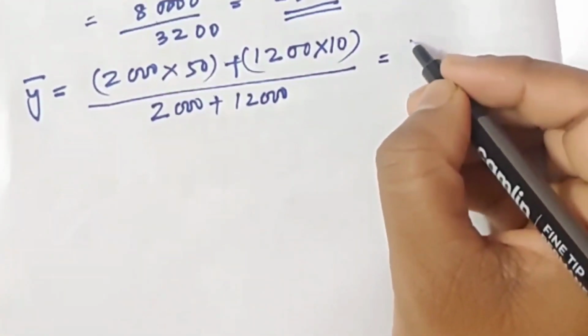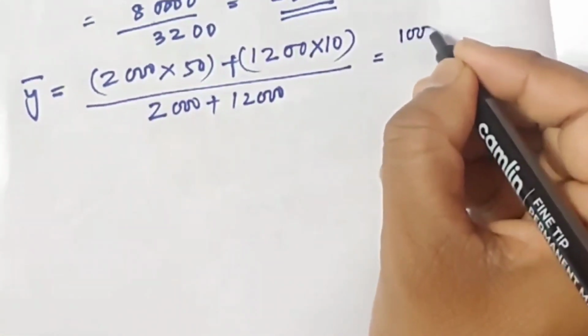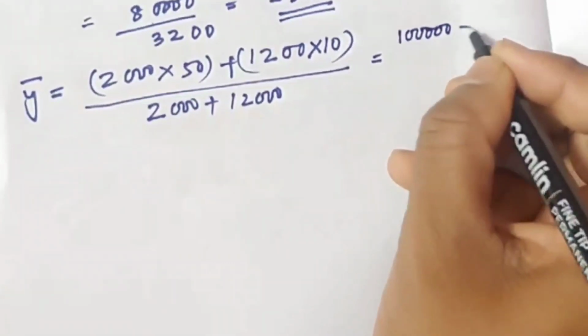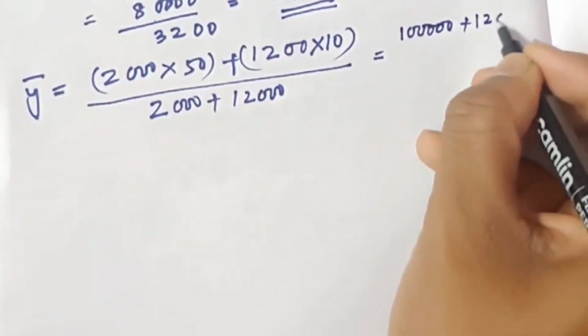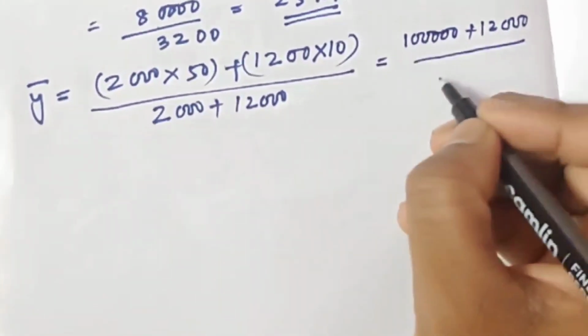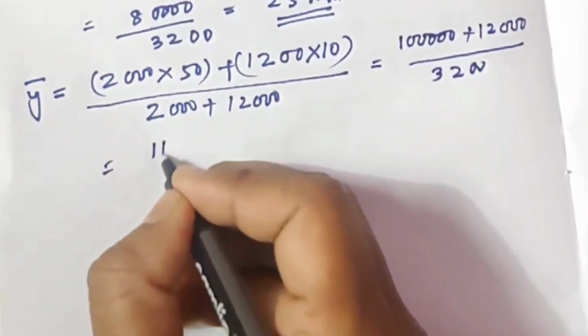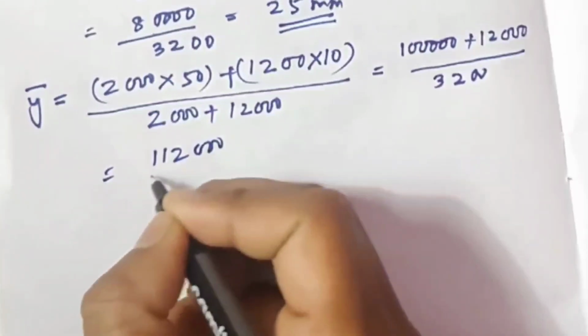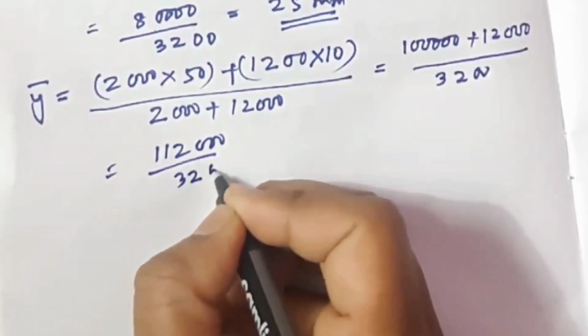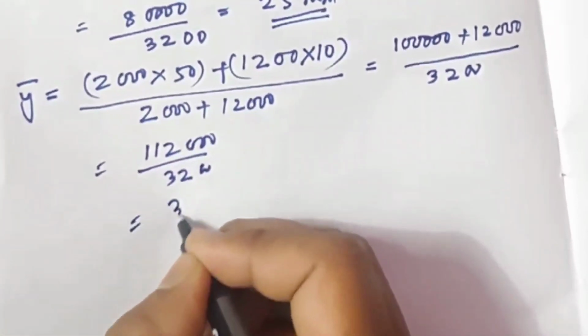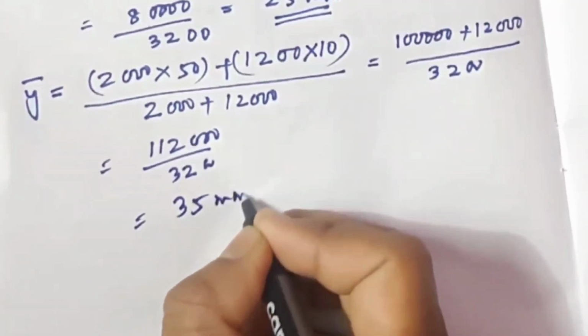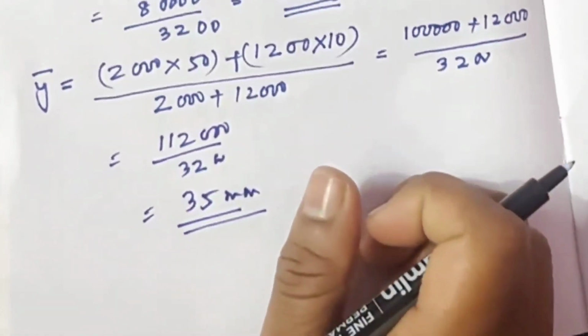By doing the sum, 2000 into 50 is 1 lakh, plus 12,000, divided by 3200. It is 112,000 divided by 3200. We can calculate it as 35 mm. So it is our y dash.